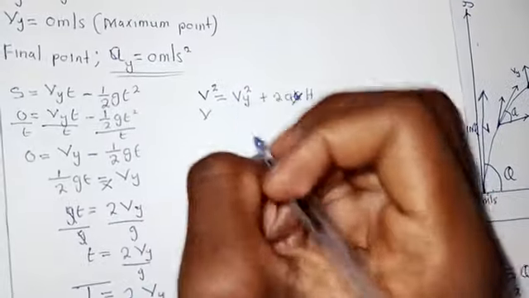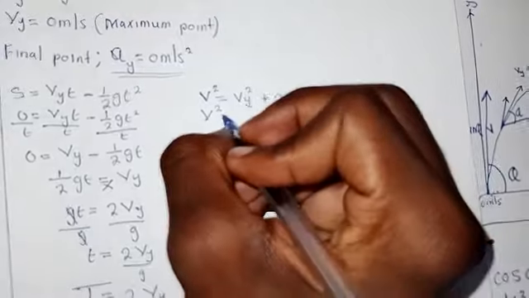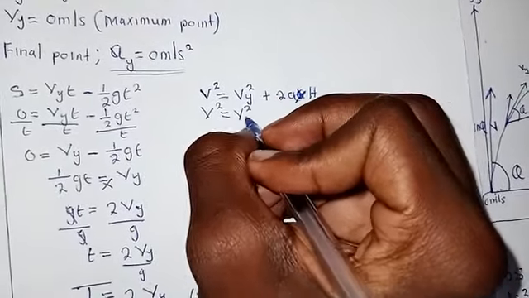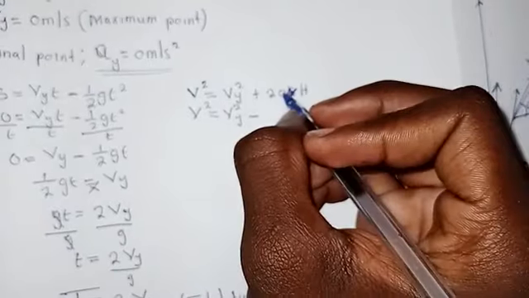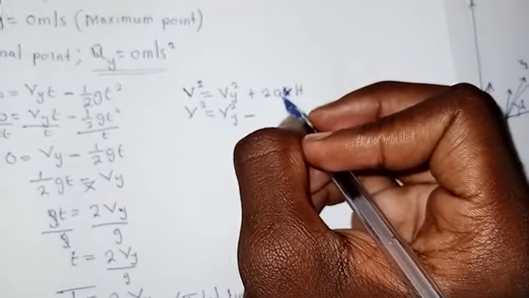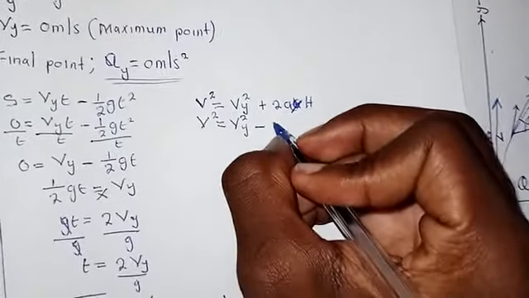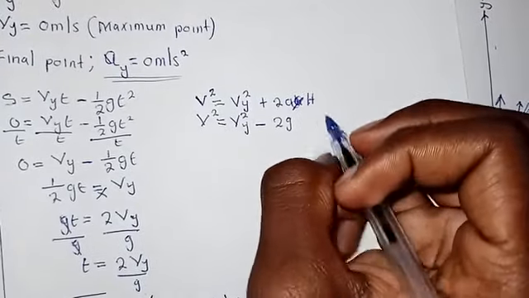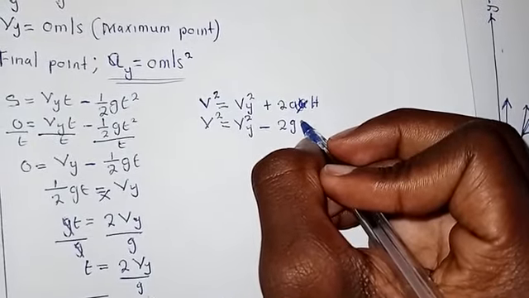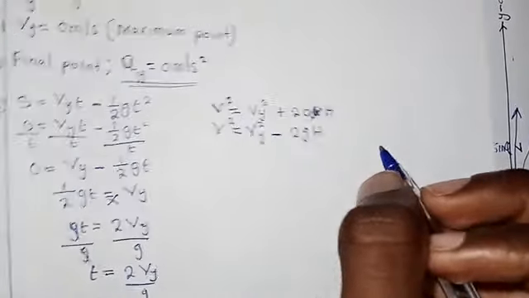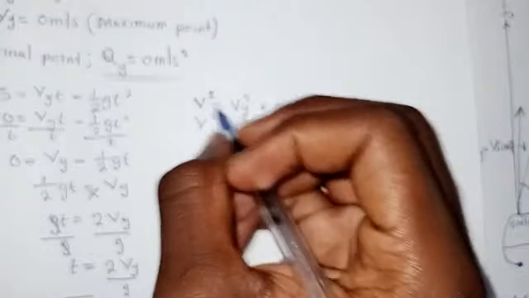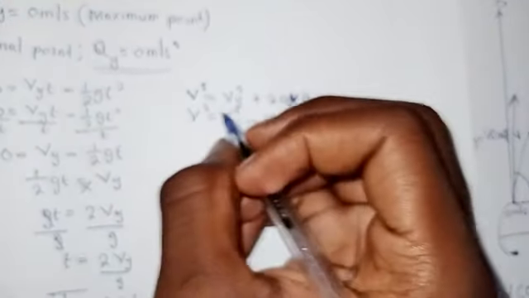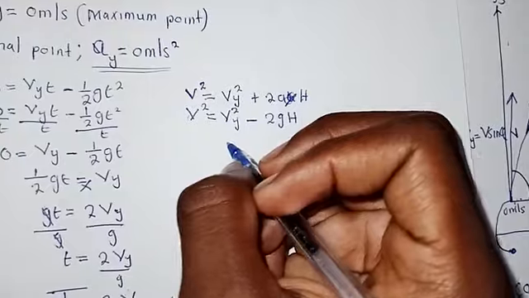Okay? But then we know that from here, it will be v squared equal to v squared y. We are going to put a minus here because this acceleration is simply g, and g is negative in the y. So it's going to be 2g, then it's going to be h like this. Then from here, we know that this is going to be a 0. This is 0 because this is where we're starting from.